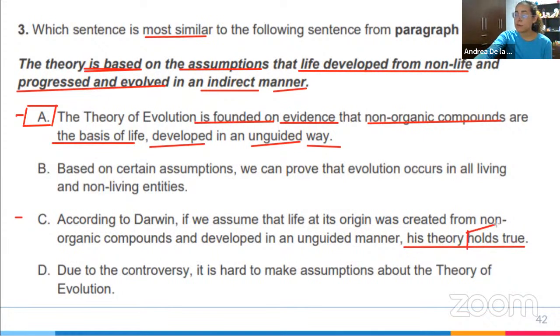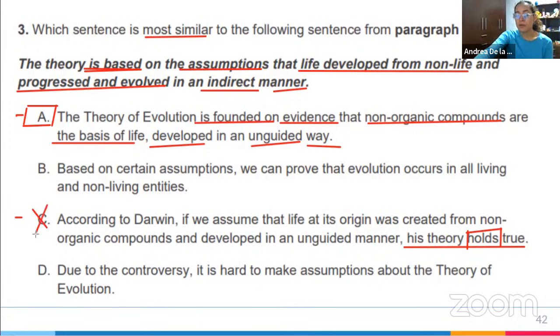This is the main verb, hold true. So option C is trying to show under what conditions Charles Darwin's theory would hold true, not the basis of Charles Darwin's theory, right? Because it's a conditional sentence. It says, if we assume this and this and that, his theory holds true. So the main verb is hold, and the idea is not to show when his theory will hold true, but what the theory is based on, right?